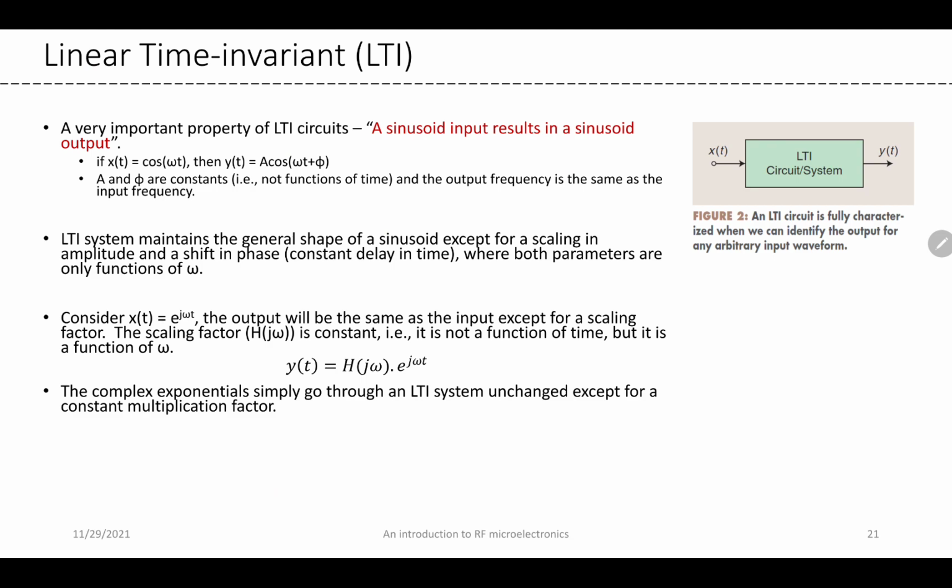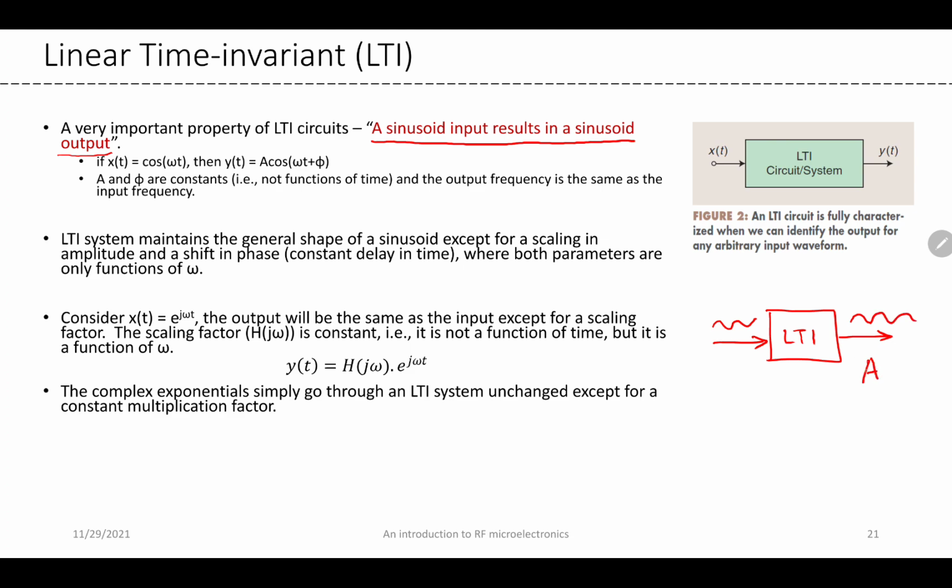Now, as I mentioned before, an important property of LTI circuits is that a sinusoidal input results in a sinusoidal output. So you can characterize a system based on its sinusoidal response. How does a system respond to a certain sinusoid? That tells us a lot about that particular system. So if you have an LTI system and you give it a sinusoid and you look at the output sinusoid, it will have two things.